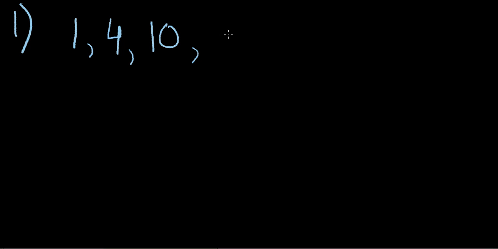So section 2, number 1. There's a sequence here: 1, 4, 10, and then the constant t, 46, dot dot dot. In the sequence above, the first term is 1, and each term after the first is 2 more than twice the previous term.